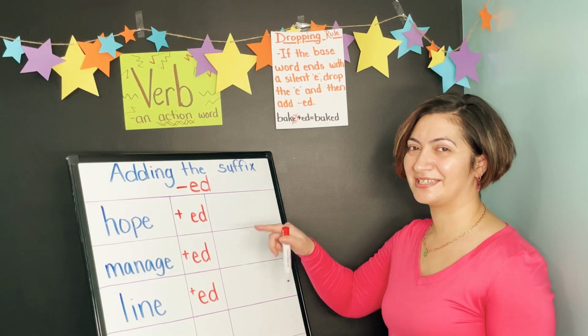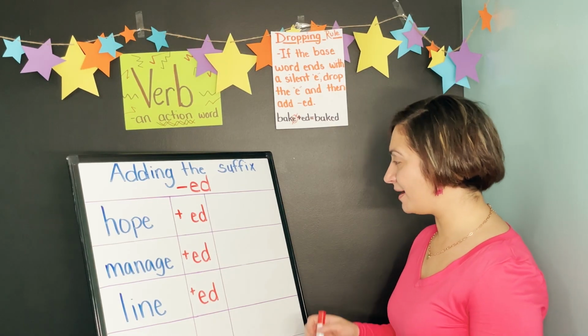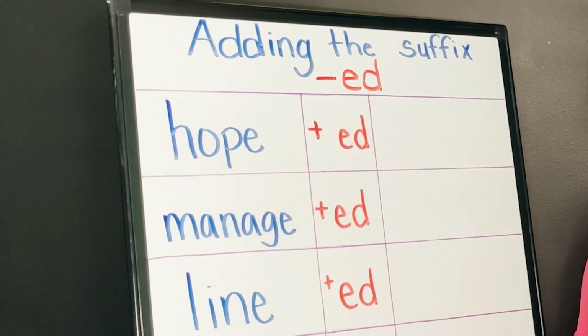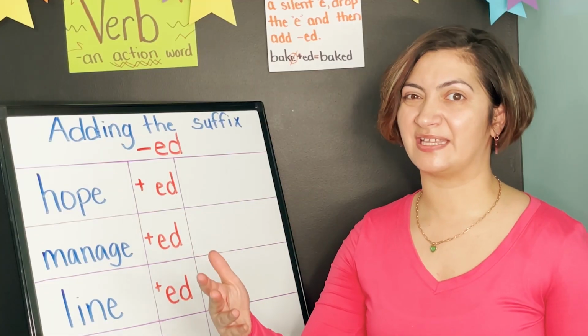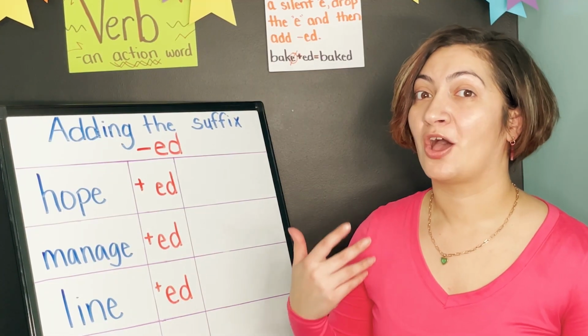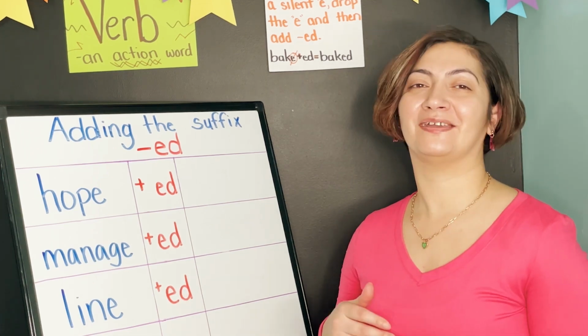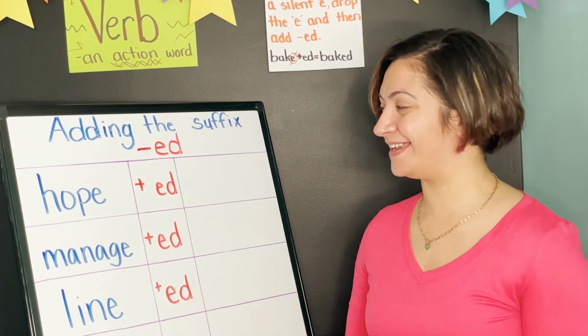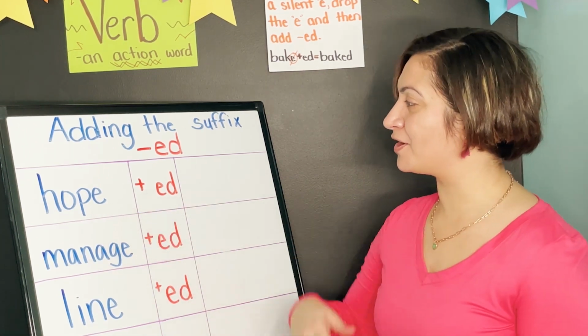All right, let's give it a shot. So I have the word hope. I hope I get a bike on my birthday, right? But if I already did that, say my birthday already passed, that means I hoped for a bike on my birthday. Nice. All right, so let's look at the word hope.